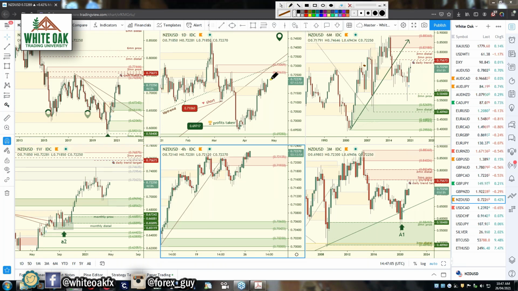You could also get a pullback to that daily supply because that's a very key supply that was used to push price down. So you could also get that as well. That could work out, although I don't like this trade as much as the Aussie long. The Aussie has more upside potential. It's a little bit more clear from what I see.